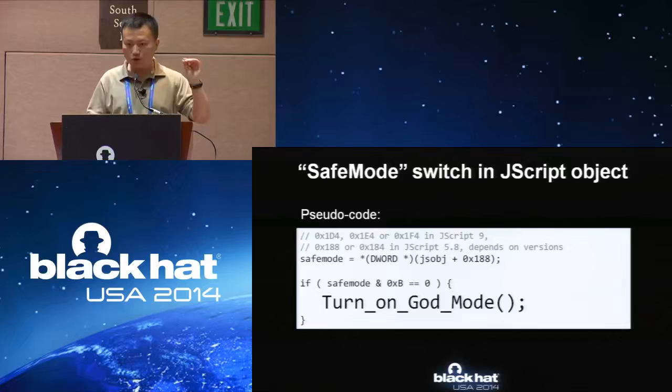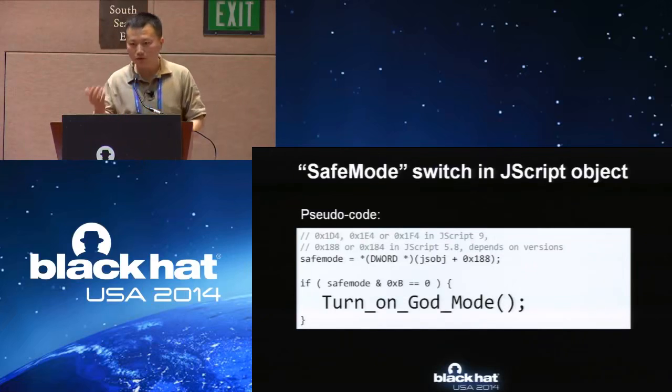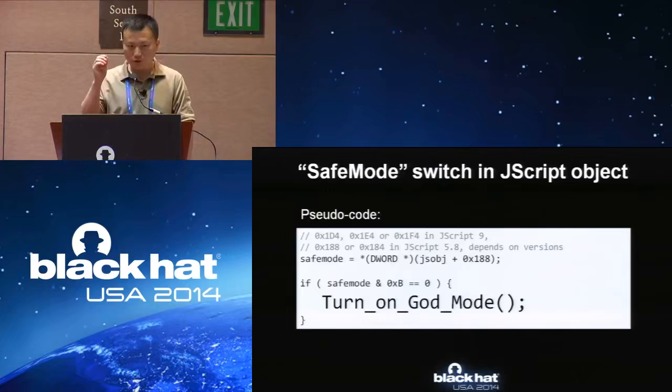At some special address, as long as even 1 byte is overwritten, your browser will enter god mode. Then you can do anything: run programs, read and write local files. You can do anything, just with 1 byte.